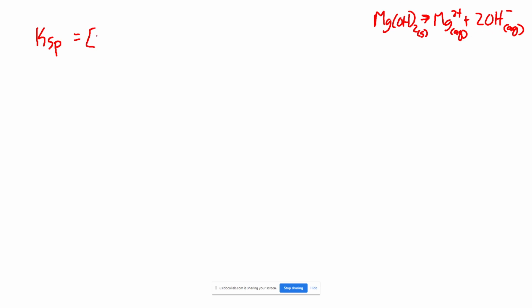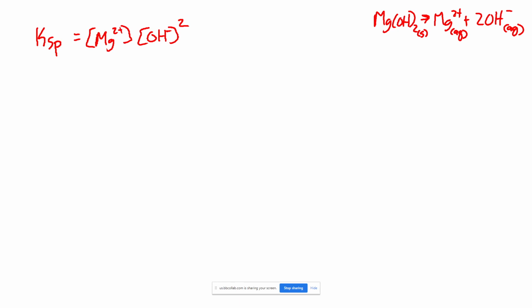Our KSP is this. So that should look pretty familiar to you, since we just did that last week. For the exam, we had KSP stuff where you should be doing things like that.